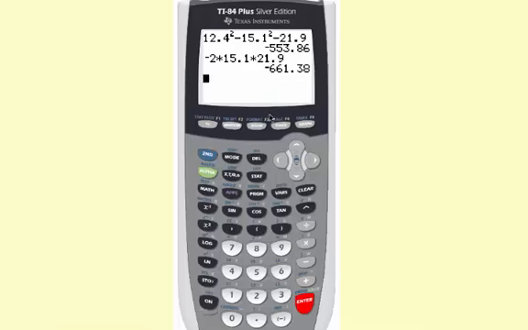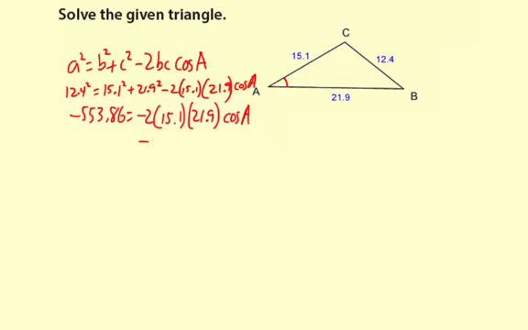Negative 661.38. I'm just going to fill in the rest of the equation here, negative 553.86, and this is going to be times the cosine of A.